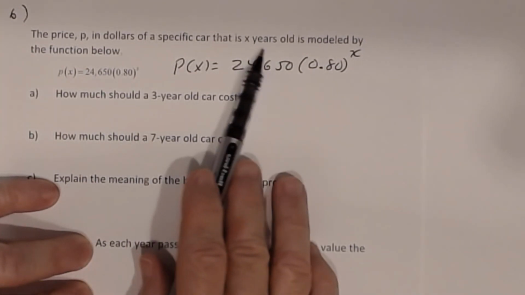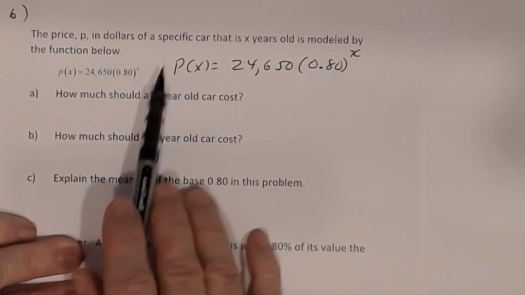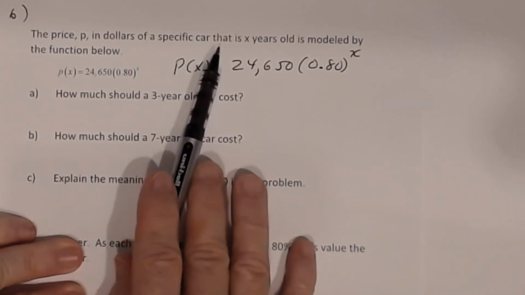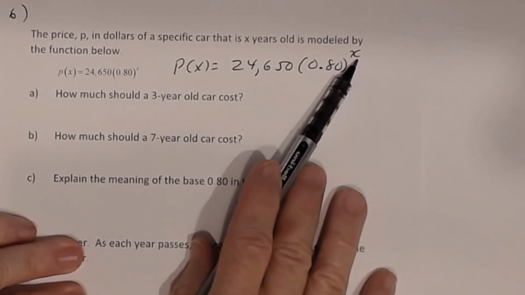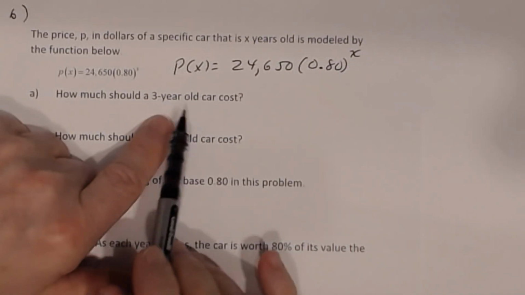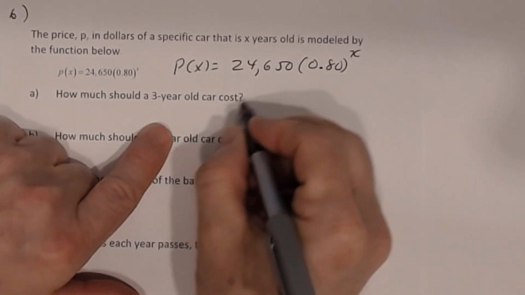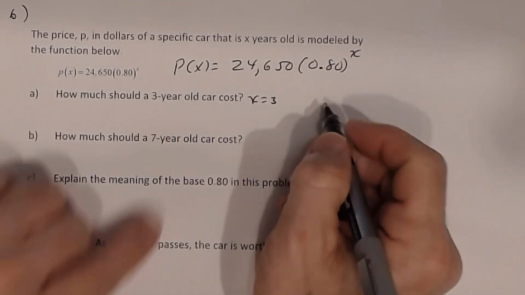So remember, X is the, so let's read again, the price P. So P is the price of a car that is X years old. So X is the number of years the car is. So if you're told the car is 3 years old, then that's your X. So X is 3 here. So X equals 3. So you're going to substitute in place of X, you can substitute 3.